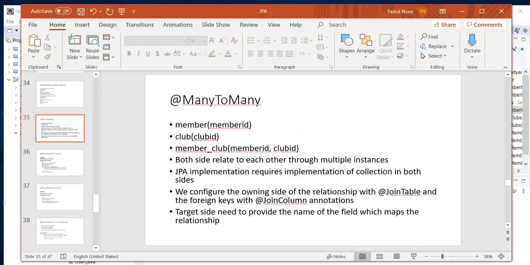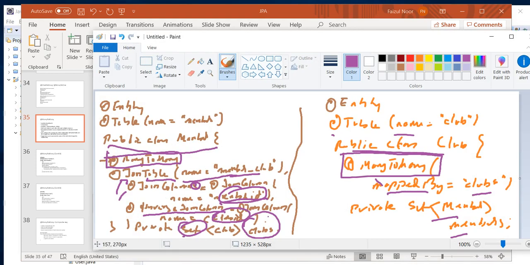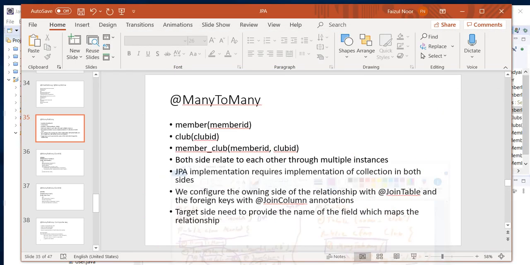So let's go back again, and you can see that we configured the owning side of the relationship with the join table. In this case, this is the owning side. Let me write it over here: owning side. In the owning side, we need to put the join table information.